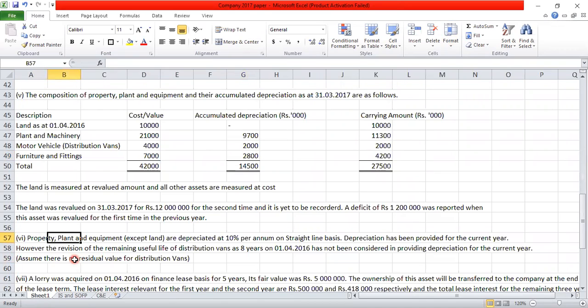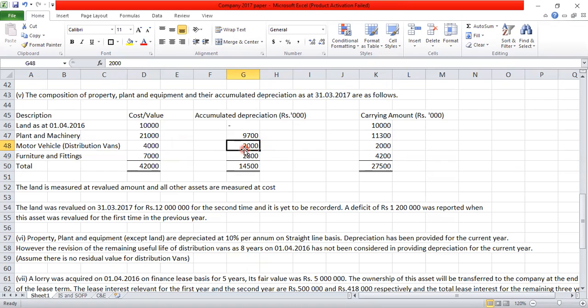Property, plant, equipment says that depreciation is made on 10% straight line basis, and depreciation has been provided for the current year. However, the revision of the remaining useful life of the distribution van is 8 years. Now you see here, the actual depreciation of this motor vehicle is 4,000 and the accumulated depreciation is 2,000. So they have calculated it wrong, because the accumulated depreciation is considering this year's depreciation inside it.